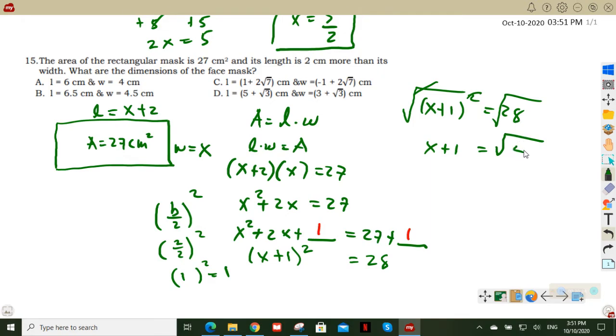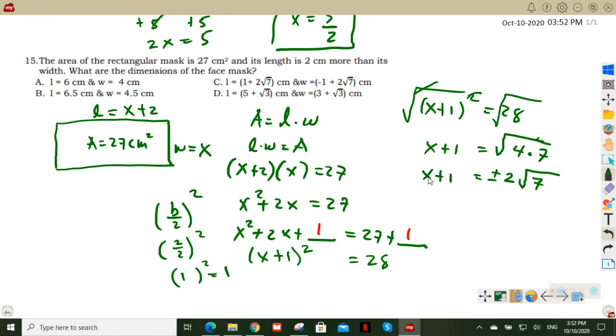Yes, you have 4 times 7, right? So that should be x plus 1 is equal to the square root of 4, which is plus or minus 2. Then 7 is not a perfect square, so it remains under the radical symbol. Then I have still a positive 1 here.